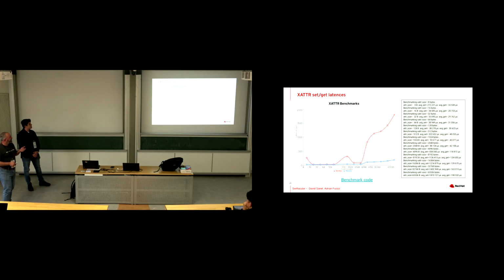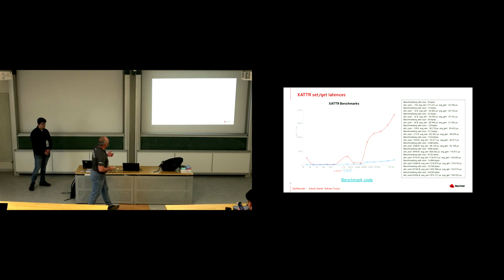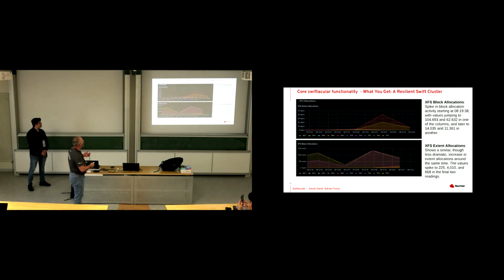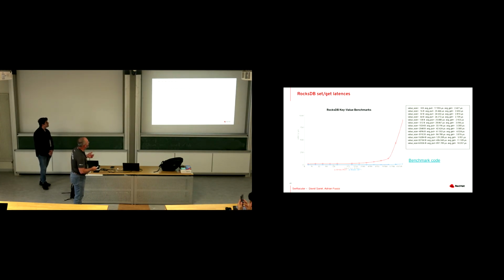If you compare here, for example, with an attribute size of 8 bytes, we have almost 300 microseconds, and here we have 17 microseconds. Way better. It's an order of magnitude better.